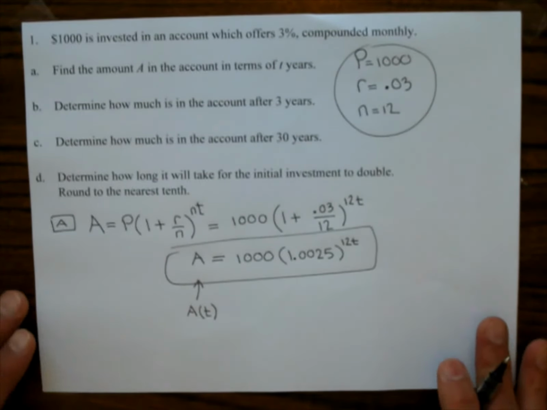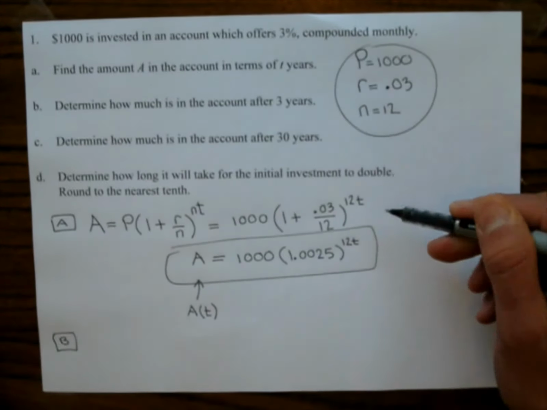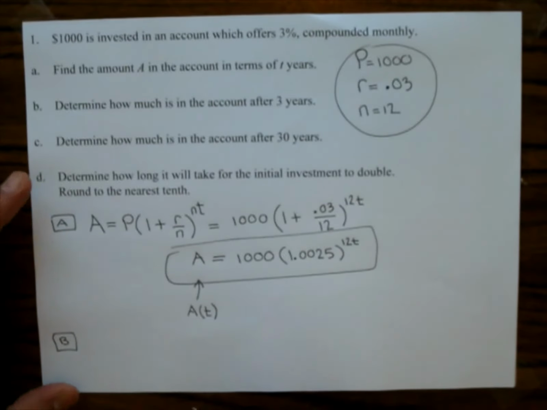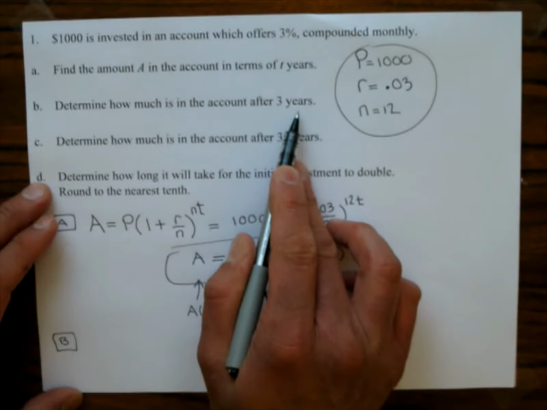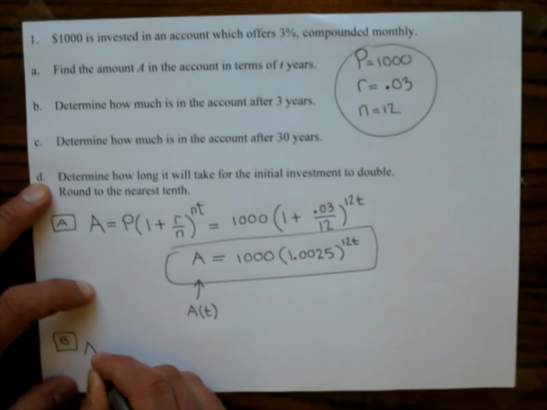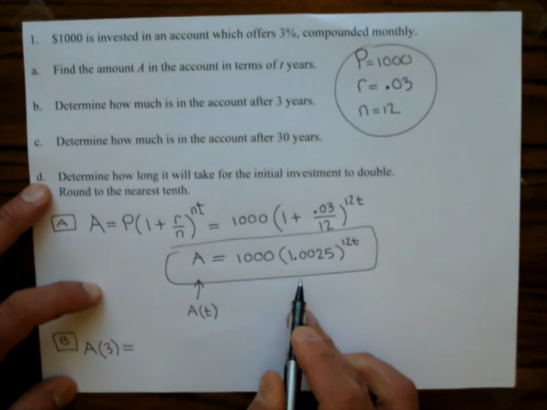Okay? Let's go ahead and do part B. Maybe you may be able to do these on your own, pausing the video and seeing if you can figure them out. But if not, let's go ahead and do this. Determine how much is in the account after 3 years. So this is a function, A of T. I'm going to go A of 3, plugging 3 into this function.